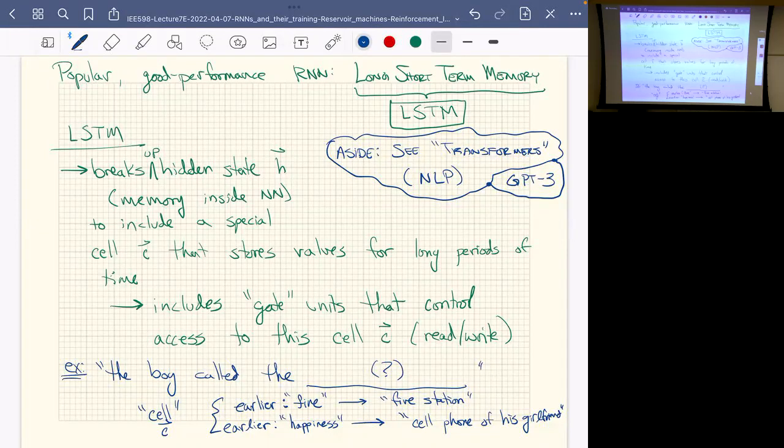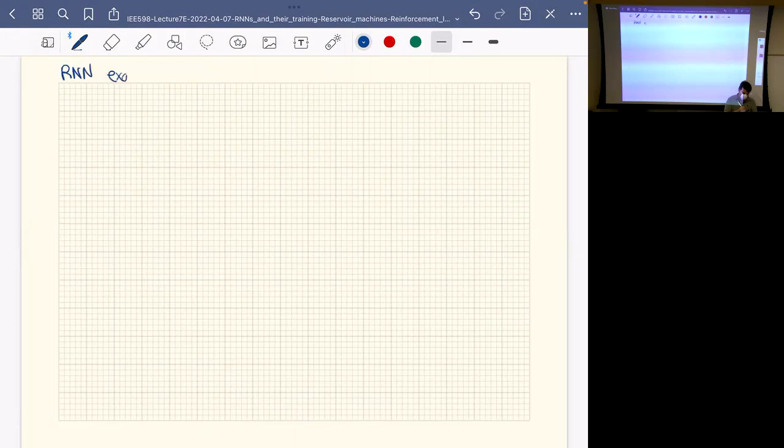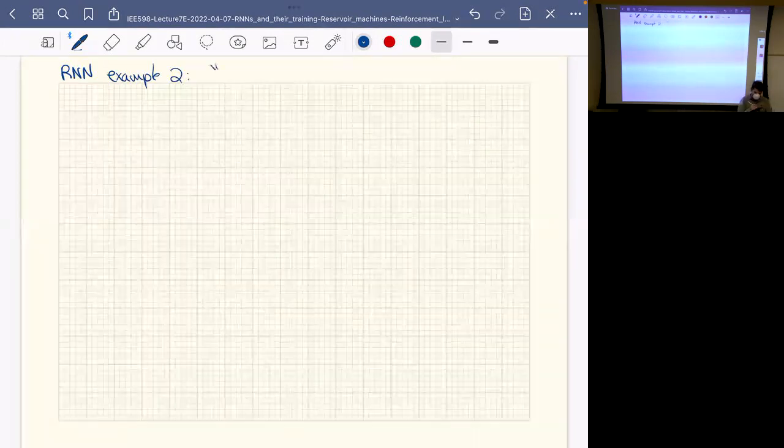Okay, good. All right, so the last thing I want to talk about in our supervised learning section here is also another recurrent neural network that I want you to be familiar with. And so this is RNN example 2, where it takes regularization to a very different place. And this is our echo state network.